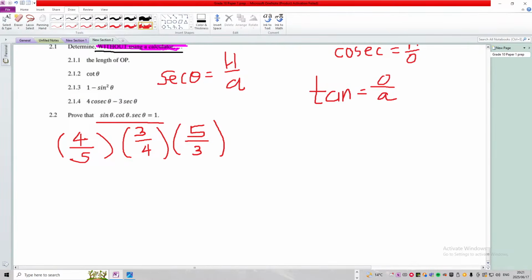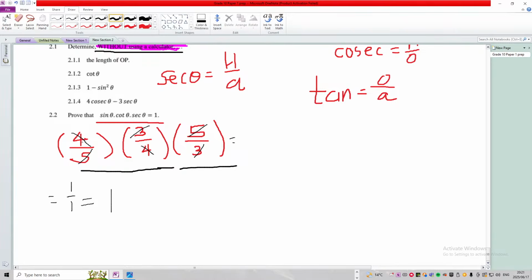There are a few ways I can solve this. I can do the first two fractions first, then the third one, or I can do all of them at the same time. Let's go with the time-effective one. 5 will cancel, 4 will cancel, 3 will cancel. So it will be left as 1 over 1, which is equal to 1.